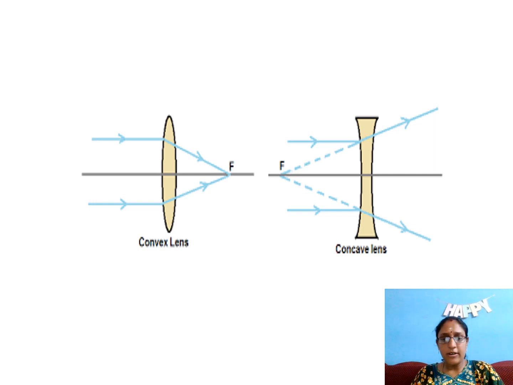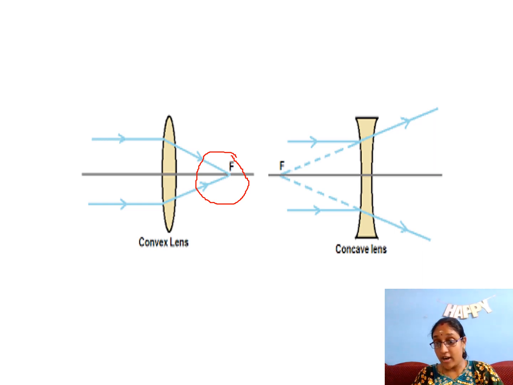Can you see from this picture, whenever a ray passes through a convex, it will just converge. Can you see from this point? Two rays are meeting at one point. So, converging. The convex lens is otherwise called a converging lens.